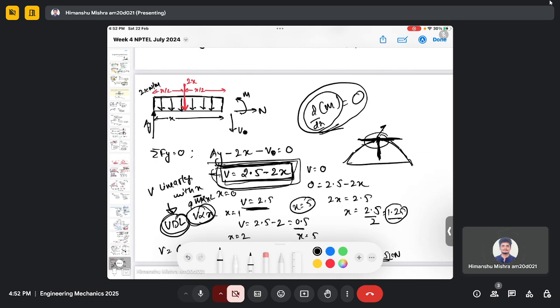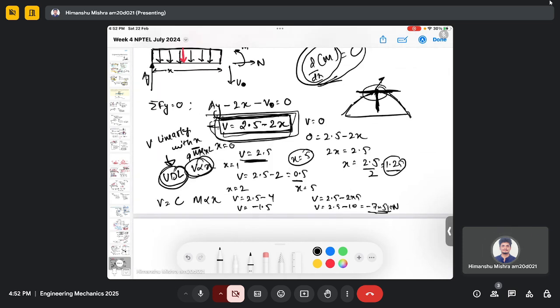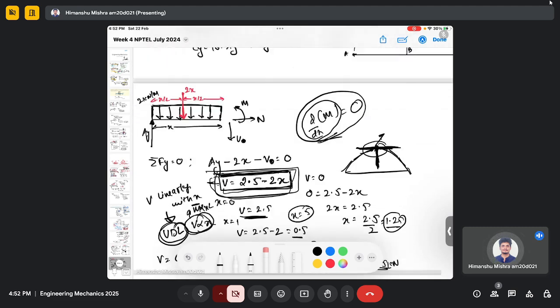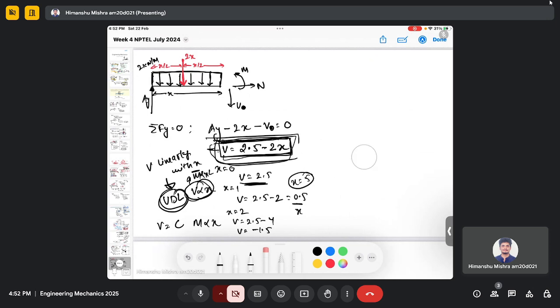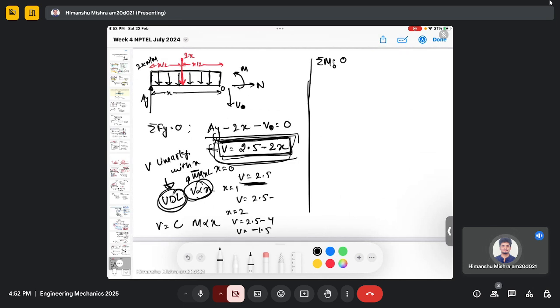That part is still there. I'm going to calculate the bending moment now. So let's calculate the bending moment. If I take the moment at the end of the beam and equate it to zero, with clockwise as positive, then Ay x minus 2x multiplied by x by 2 minus M equals 0.